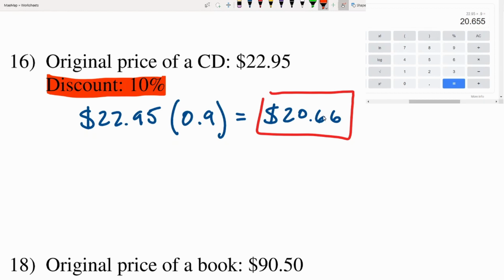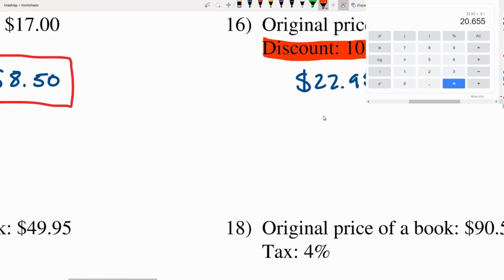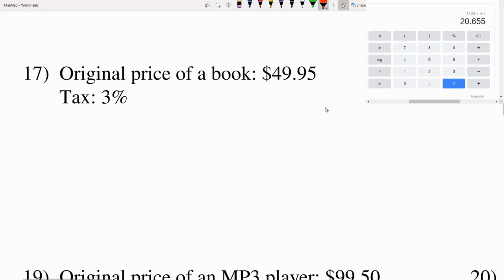lower than $22.95. Now in these last few problems, we're going to be taxing an item. And a tax is exactly like a markup, because if the original price is that amount and we're taxing it, we're increasing the actual purchase price. So we're taxing it by 3%.